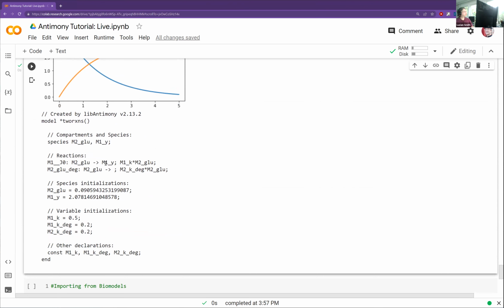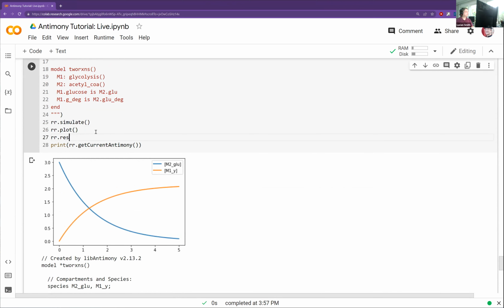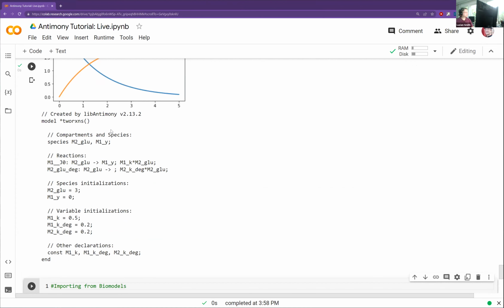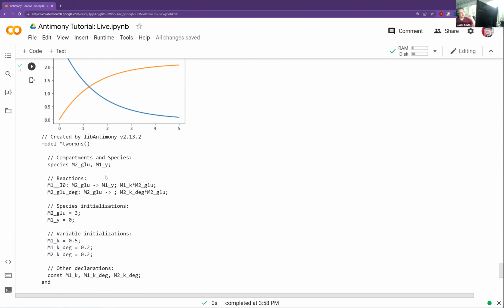So here, let me do a reset first, because then you can see the original numbers. What you were seeing earlier is the actual antimony version of it as it was after it finished its simulation.